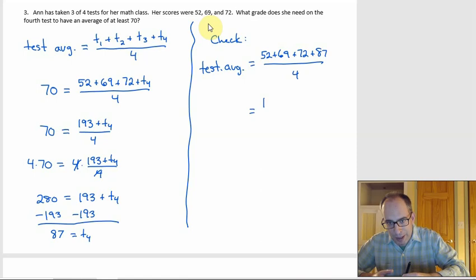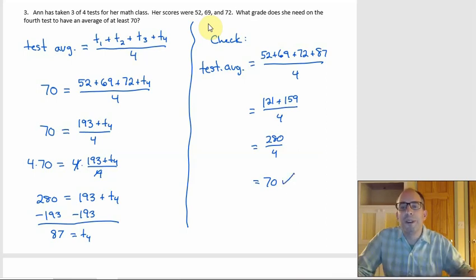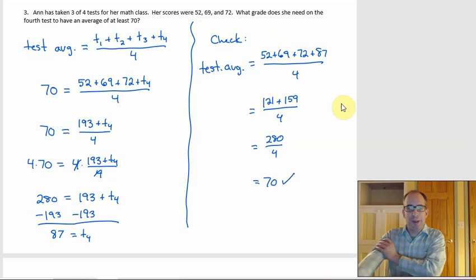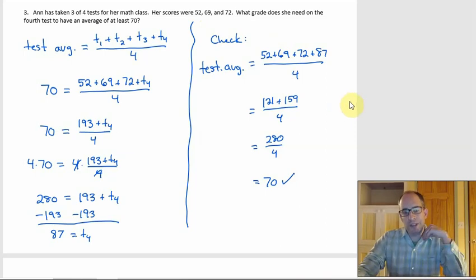If you add the first two, you get 121. And if you add the second two, you get 159. And then if you add those, that's 280. And 280 over 4 is 70. So checks out.